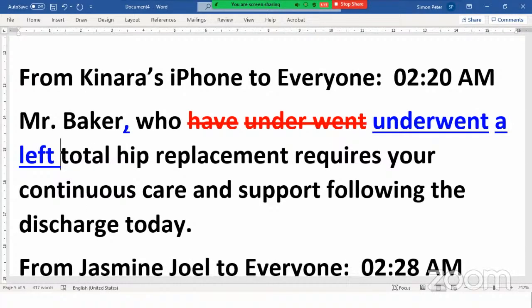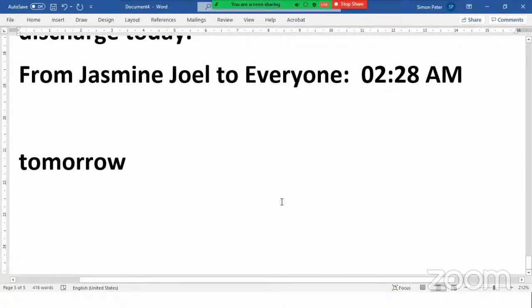Underwent a left total hip replacement, requires. No need. It is already told in the salutation itself. So his only, not somebody else's. Continuous care. Continuing or ongoing is better. Okay, and support following the discharge today. Right.